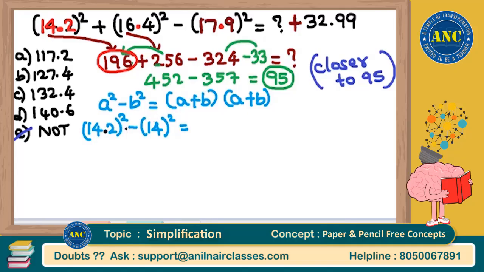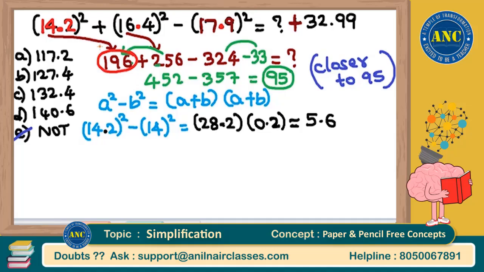A plus b, 14.2 plus 14 is 28.2. 14.2 minus 14 is 0.2. 28 into 0.2 is 5.6. Approximately it is 5.6. 28.2 into 0.2 is approximately 5.6.